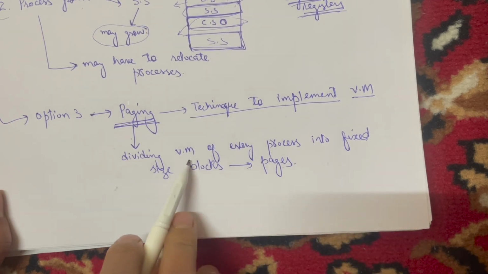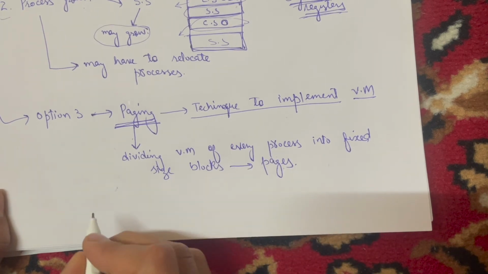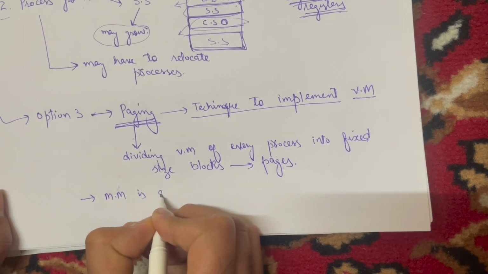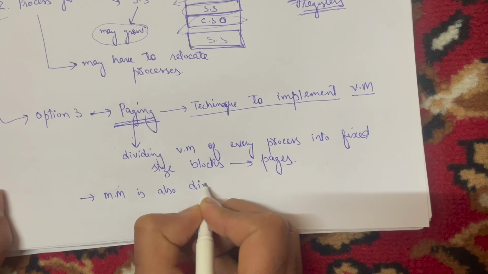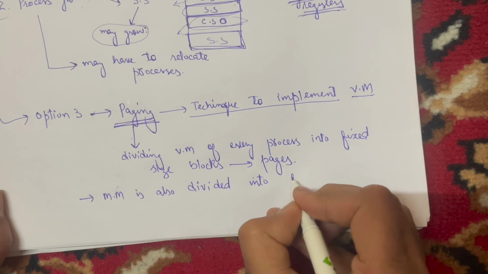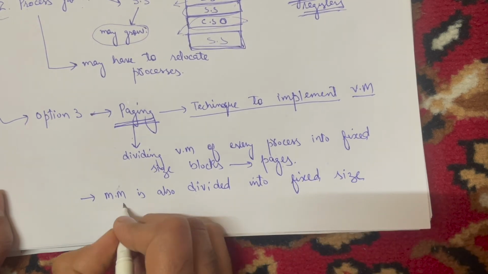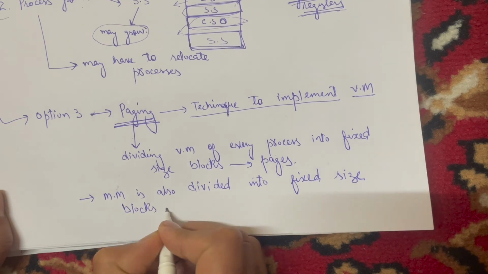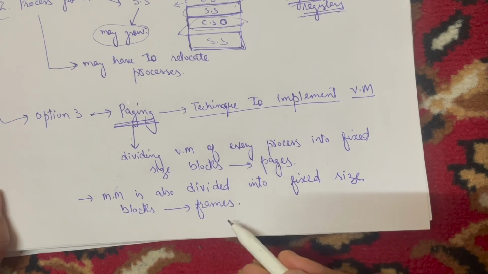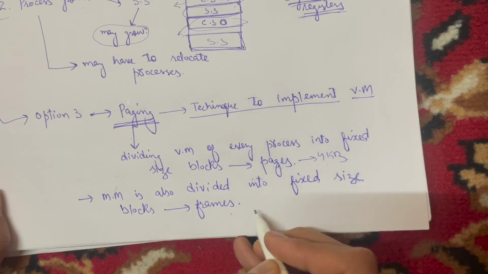And the main memory is also divided into fixed size blocks, but these blocks are called frames. Pages and frames have the same size. For example, if a page is 4 KB, a frame is also 4 KB.